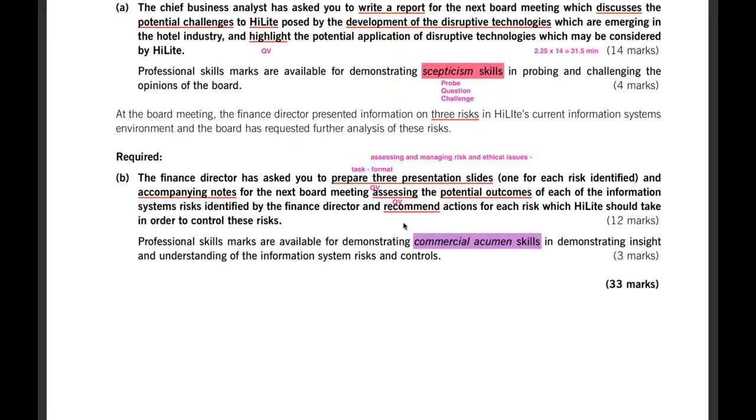Remember, for each risk, you're supposed to assess potential outcome and then recommend actions for each risk which highlight should take in order to control this risk. Your intention is actually to control the risk.